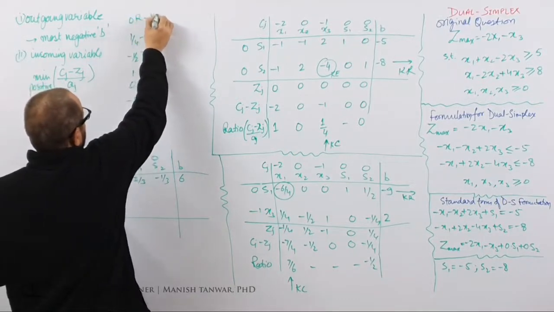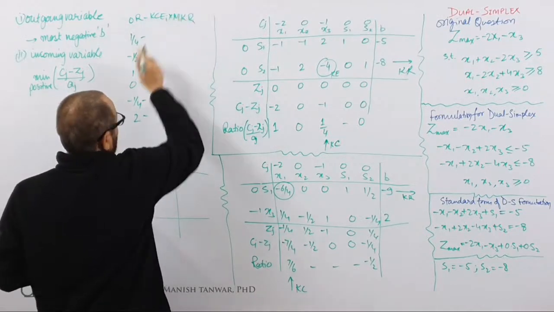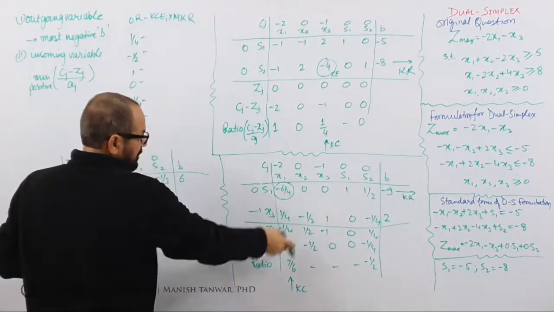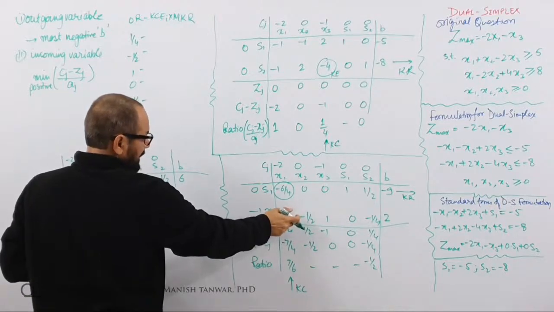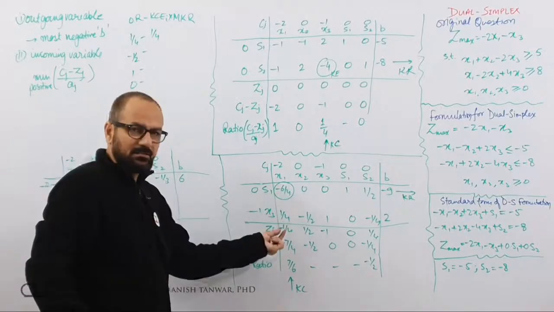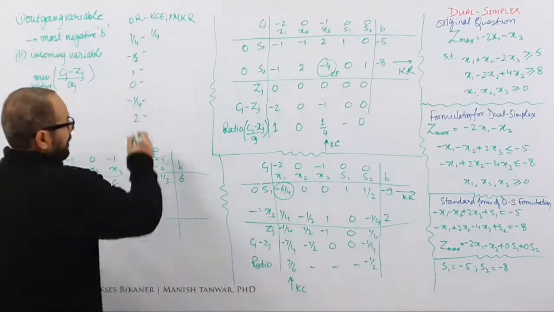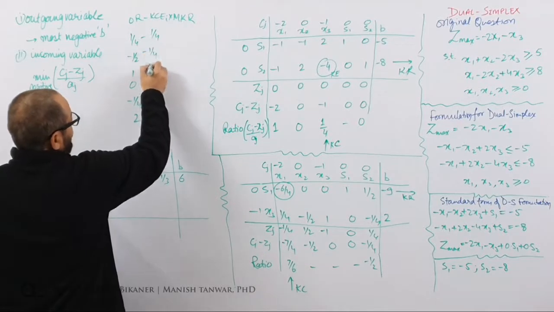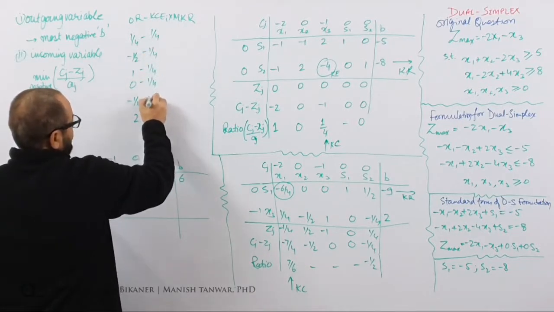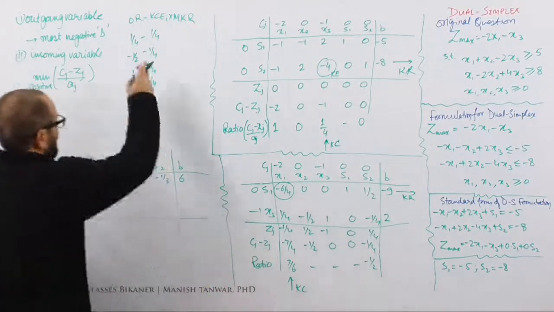Old row minus key column element I multiplied by modified key row, key column element I. This is key column second row, so second element 1 by 4. So it will be 1 by 4, 1 by 4, 1 by 4 and 1 by 4, multiplied by the modified key row.